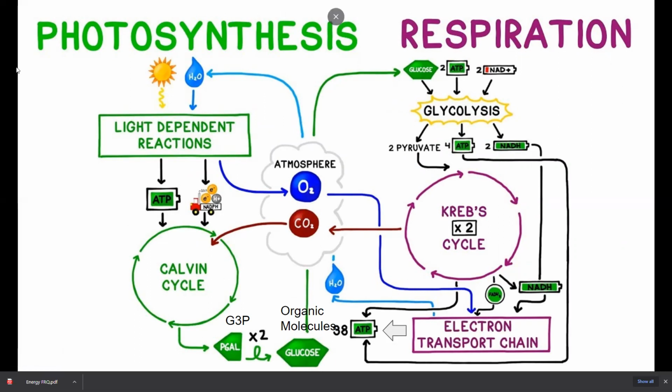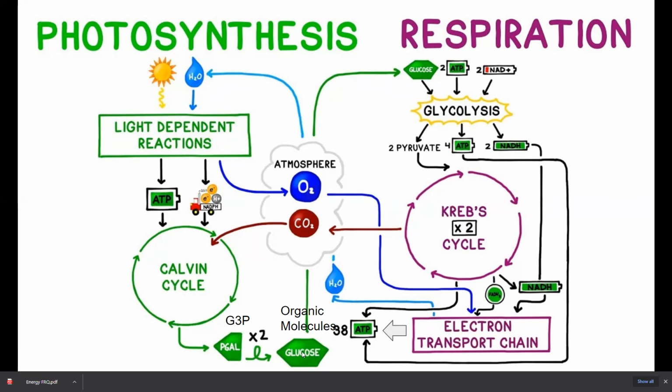So if we look at photosynthesis, light comes in, charges those electrons. It's going to create ATP and NADPH, which are the electron carriers that feed in and power the Calvin cycle. That's going to generate PGAL or G3P. They're the same thing.